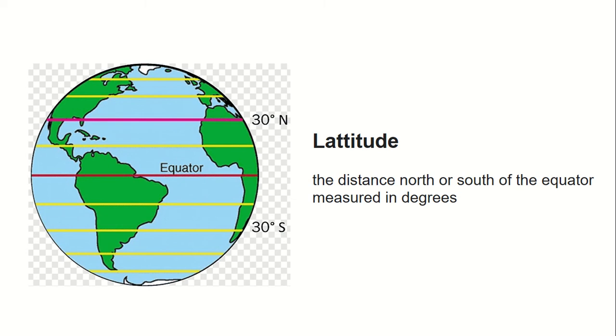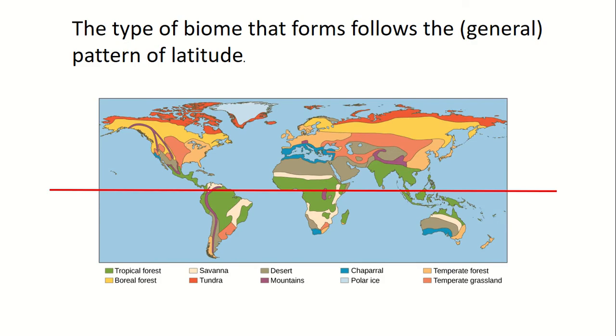And as you go north or south from the equator, your latitude changes the characteristics of your place. And therefore, it should be of no surprise that the typical biome follows that general pattern. So generally, along the equator, we've mostly got rainforest, with the exception of a few mountain biomes.